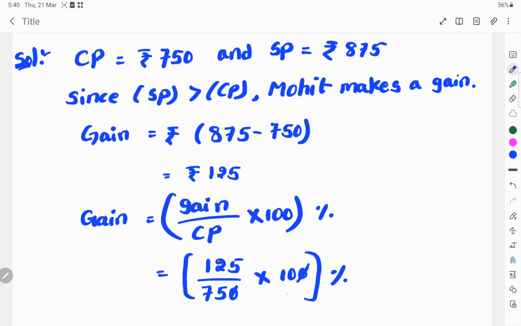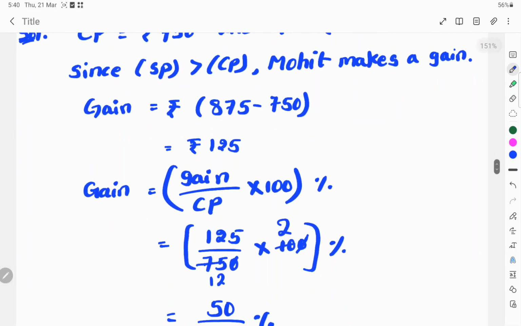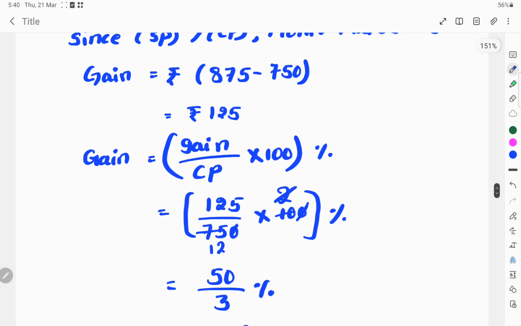Here the 0 and 0 will be cancelled. 10 cancels 5 in 2 times and 75 in 12 times. Again 2 cancels 12 in 6 times. 5 cancels 2 times, and 5 cancels 15 in 3 times.